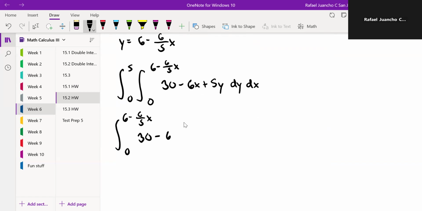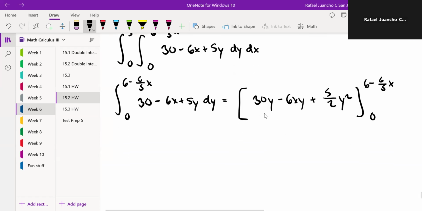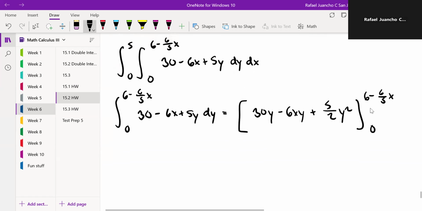So first thing is we integrate this thing. We take the antiderivative. This is 30y, this is minus 6xy, this is 5 halves y squared of these bounds. I'm not going to put the 0 anymore because that would make everything 0.